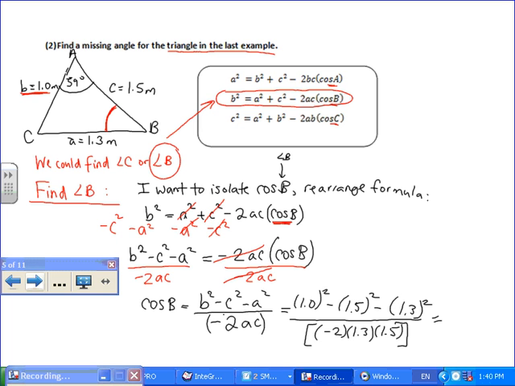So when you're doing this in your calculator, it's really important that you keep negative 2 times 1.3 times 1.5 together as a product. So we're going to figure that out. I take 1 squared minus 1.5 squared minus 1.3 squared. Let me do this in 2 steps for you just so that you can be checking your work as you do it.